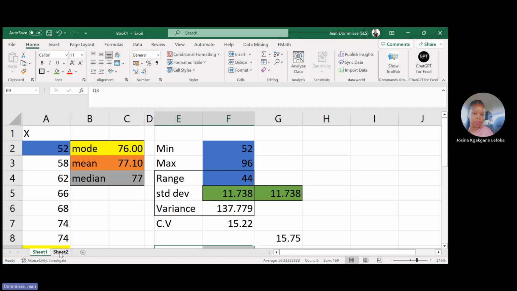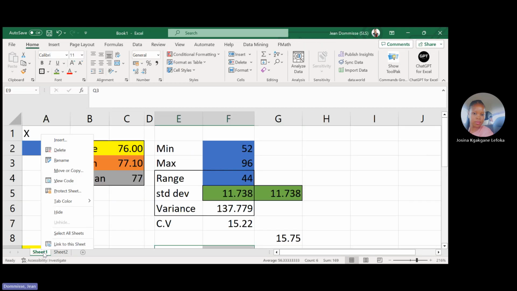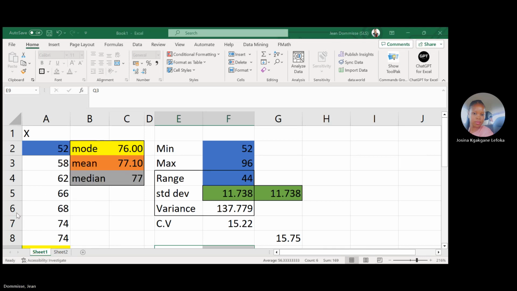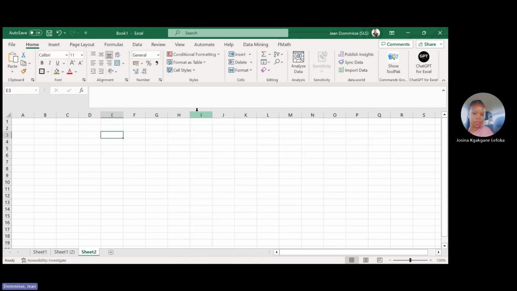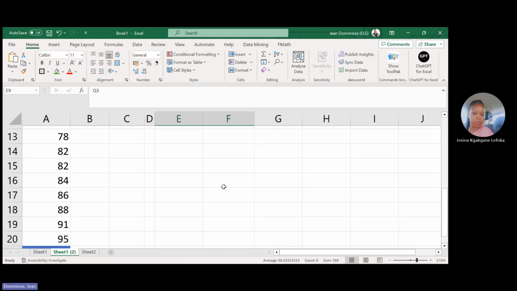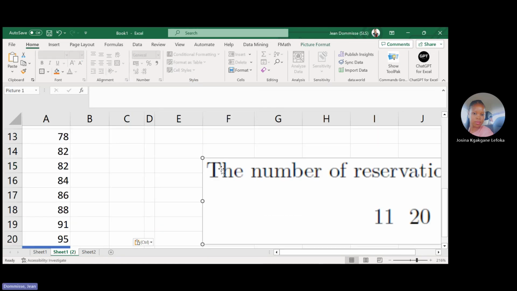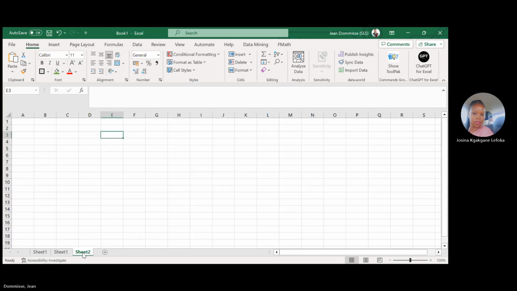So what I then did, and now what I'm going to do, I'm going to actually just replicate this. So let's copy this, because I now want to show you also, if you now get a new set of data, what do you do? Okay, so let's do this as sheet 2.